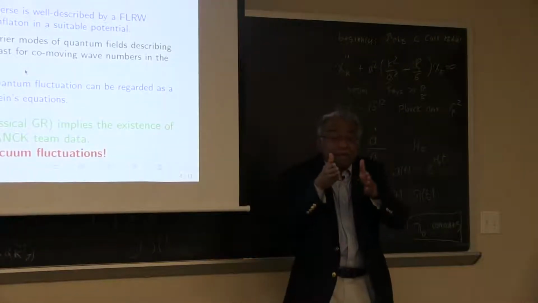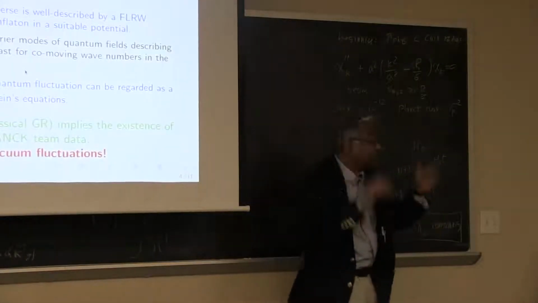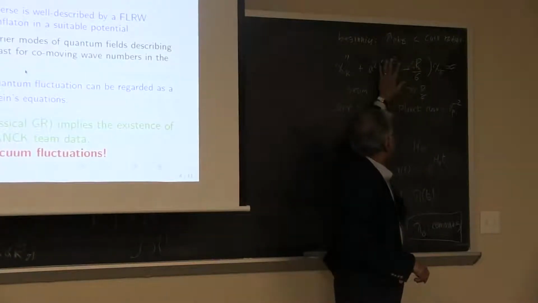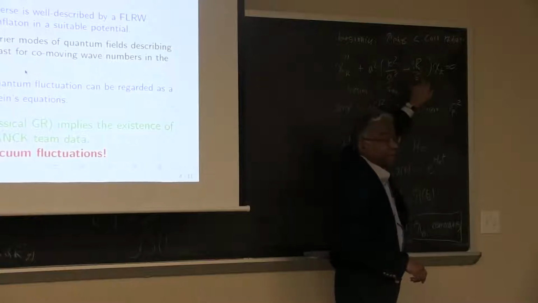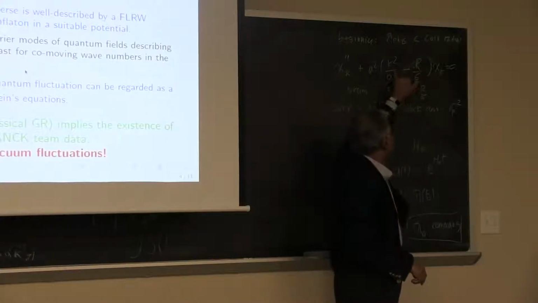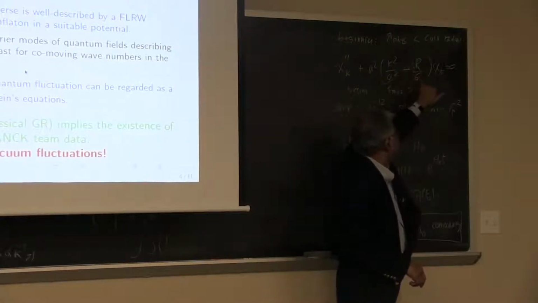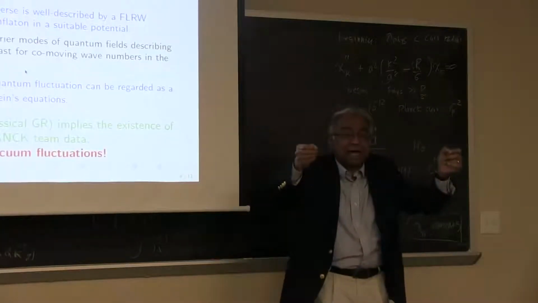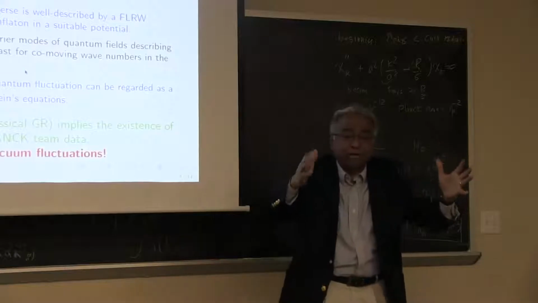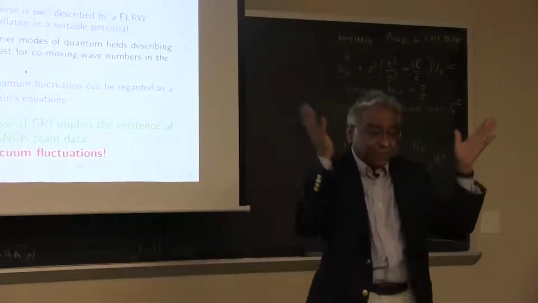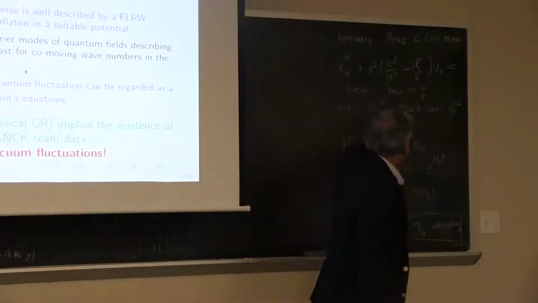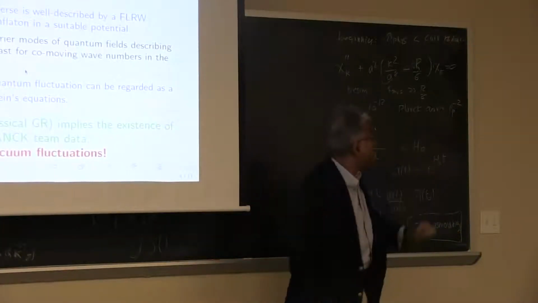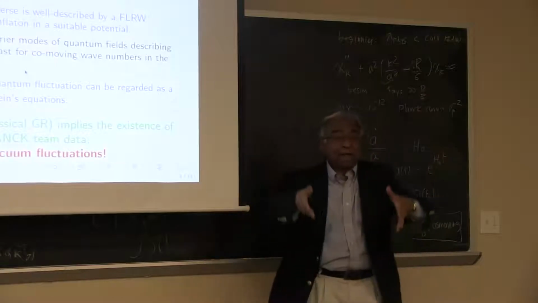But then the physical wavelength increases, or the physical wave number decreases up here. So at some stage, this term starts dominating. So when K physical squared becomes R/6, that is where one says the mode crosses the Hubble horizon. Okay, so there's a competition. The universe is expanding exponentially, and therefore the physical wavelength is also expanding exponentially. But the curvature is not expanding exponentially.